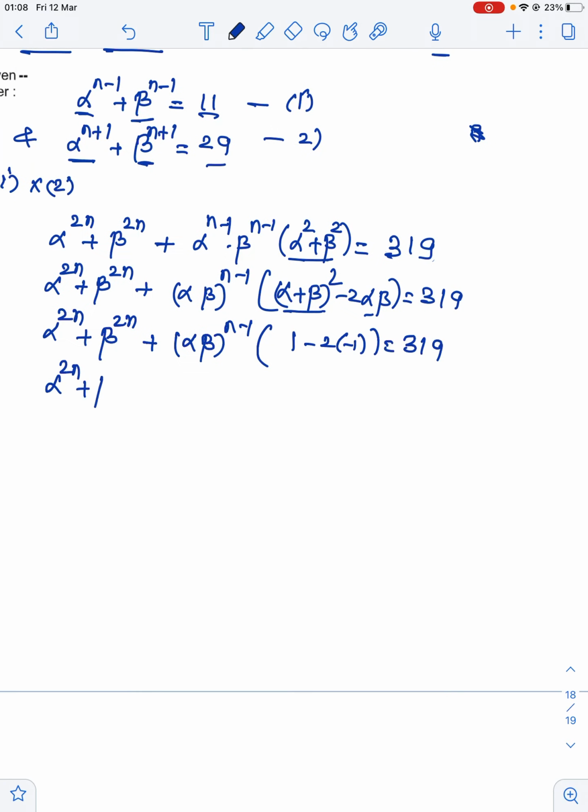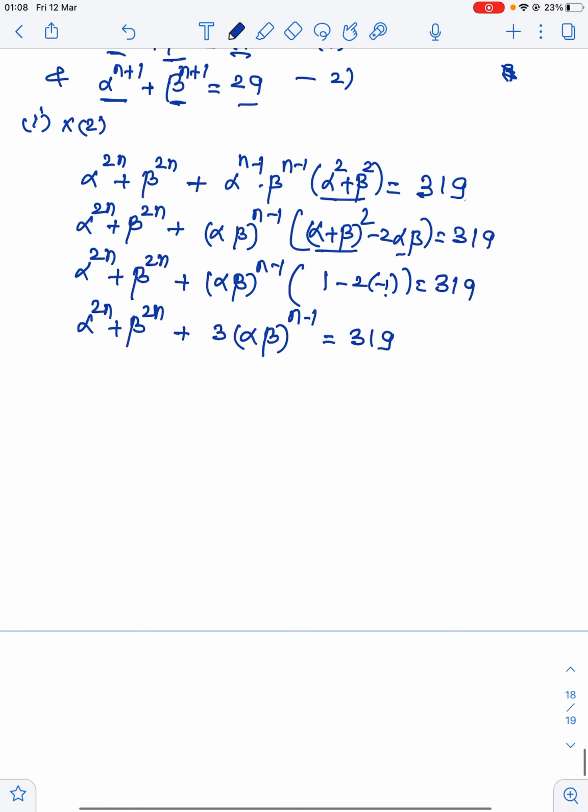So this is alpha to the power 2n plus beta to the power 2n, plus 3 times alpha beta to the power n minus 1 is equal to 319, and alpha beta is again minus 1.